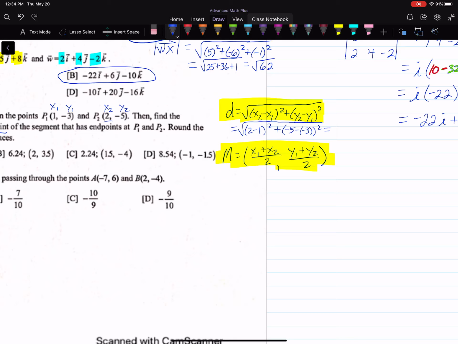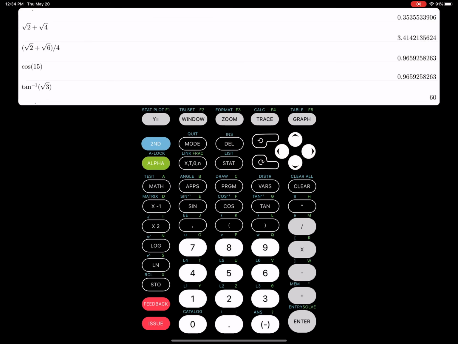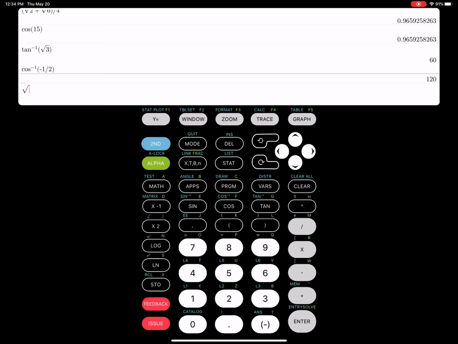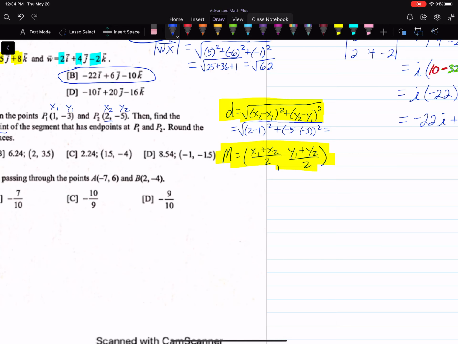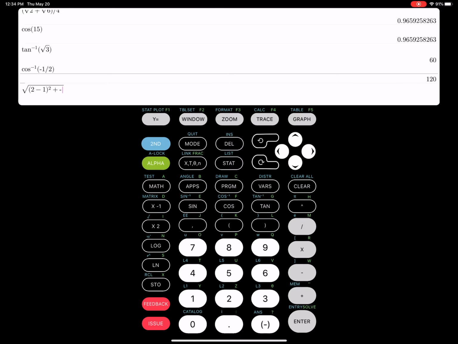And basically you just stick that in your calculator. So we're going to have the square root, parentheses, of 2 minus 1 squared plus negative 5 minus negative 3 squared.